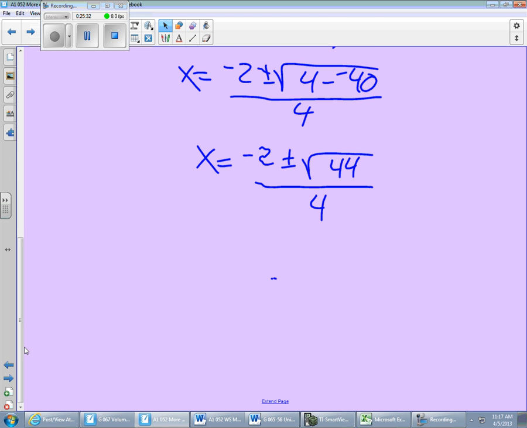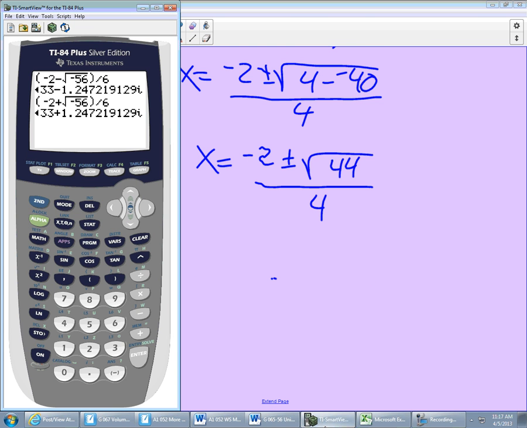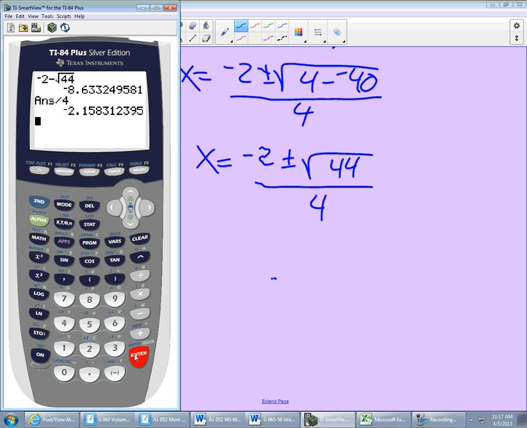Since we can't simplify the radical, we might as well just come to the calculator. I got negative 2 minus the square root of 44, and that value needs to be divided by 4. The calculator says we got an x value of negative 2.16.